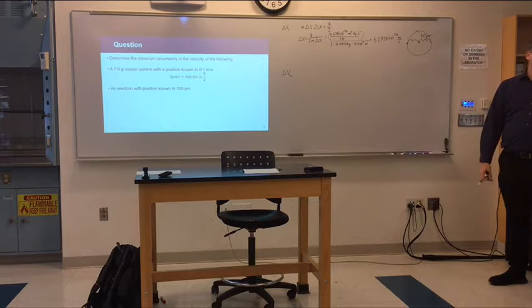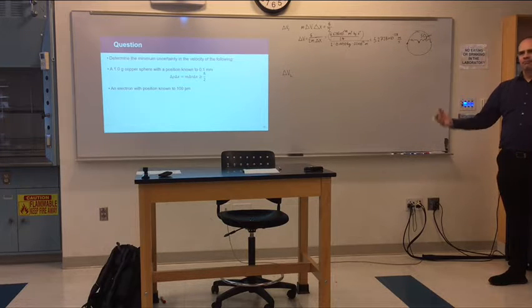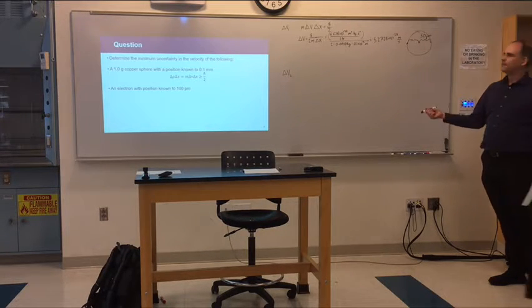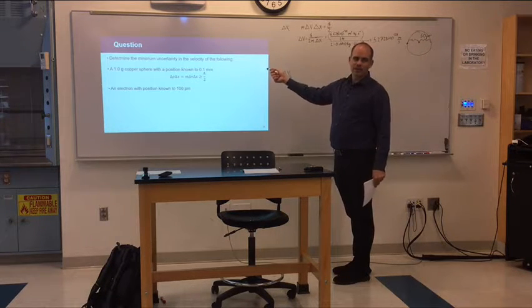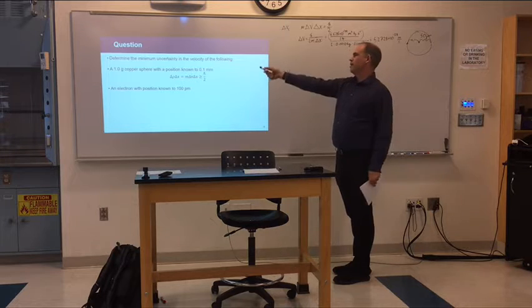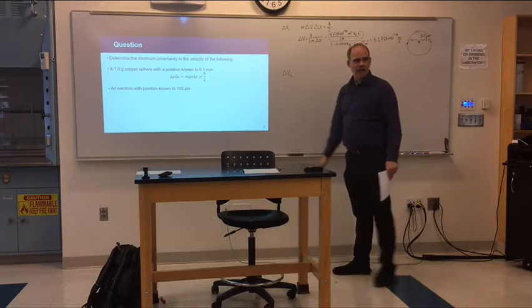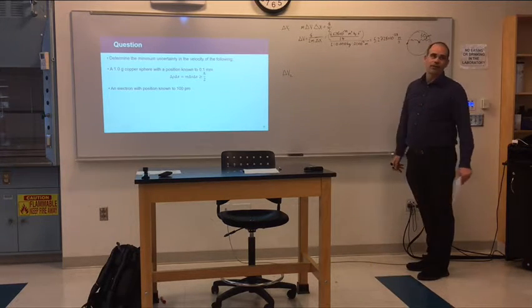It's like having a football somewhere in the United States. I know its position down to it's somewhere in the continental United States. It's terrible. But in terms of our everyday measurements, we know fairly what we would consider accurate, and we know its velocity very accurately.